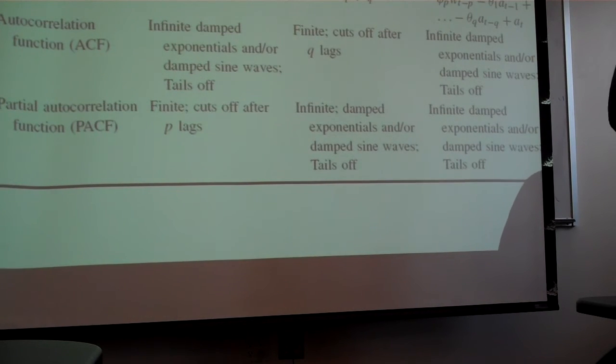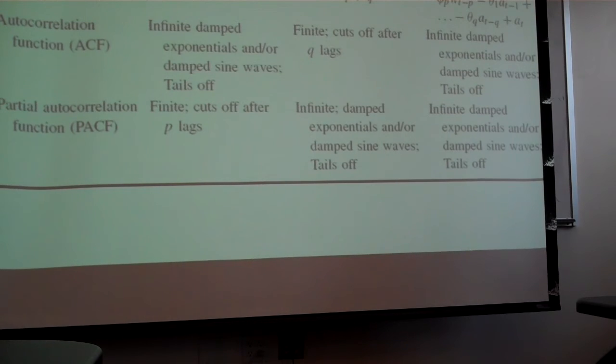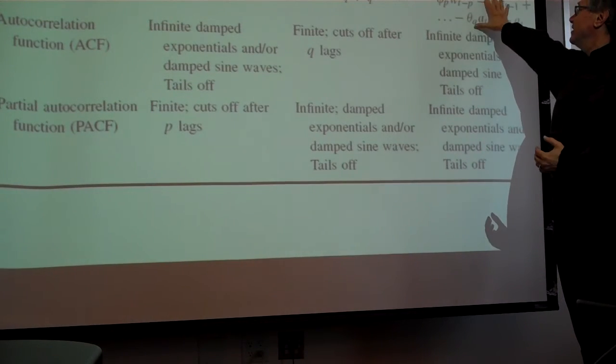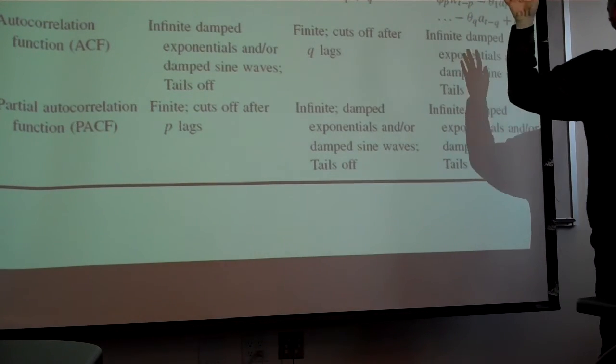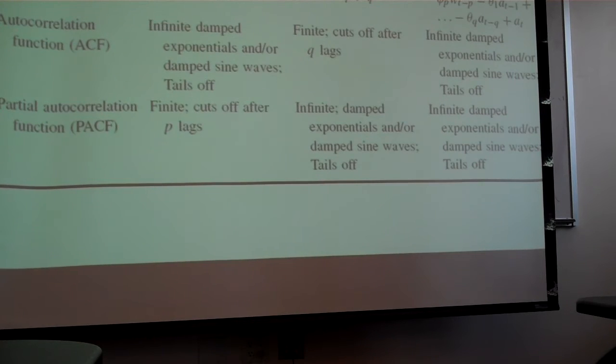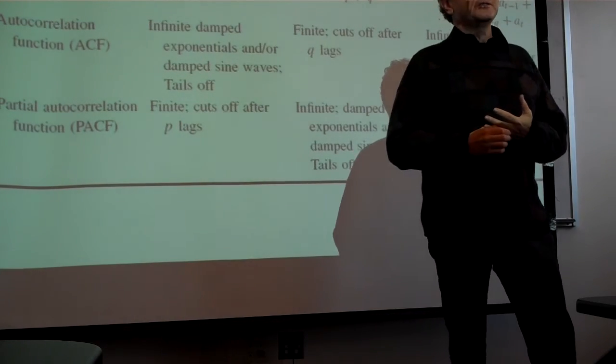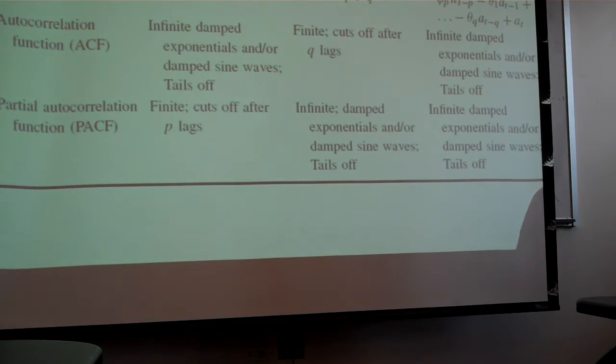Okay, and so you can sort of imagine all combinations of P's and Q's that are plausible, fit all those models and compare them using something like AIC. And what you'll often find is that there's 2 or 3 models that aren't that different in AIC.